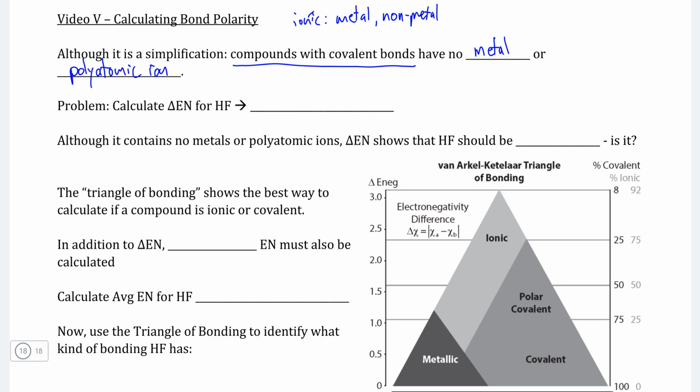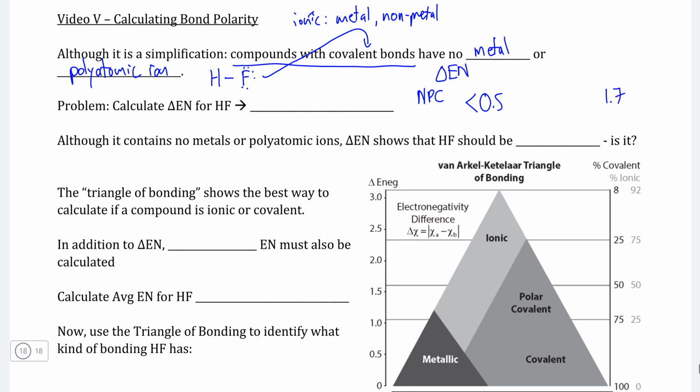Following this definition, HF, hydrogen fluoride, or hydrofluoric acid as it exists in water, should automatically be considered a covalent bond. If we were to use the electronegativity difference on its own, typically anything with an electronegativity difference less than 0.5 is considered nonpolar covalent, meaning the electrons are shared basically equally between the two substances.